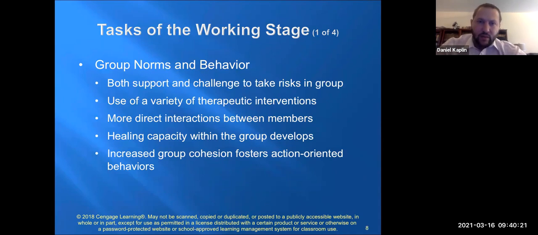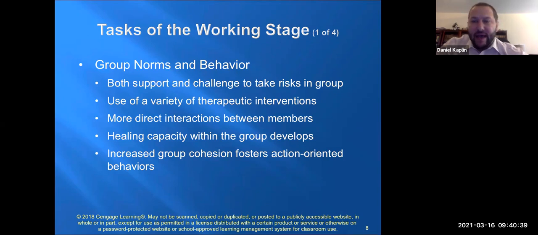One norm is that we support and challenge members of the group. We encourage people to take risks. In terms of interventions, there's no singular intervention that you do.